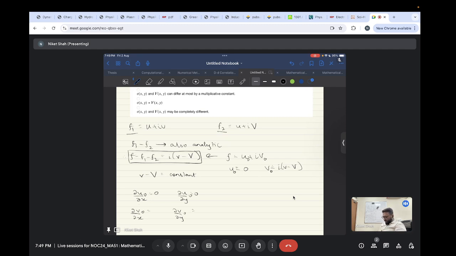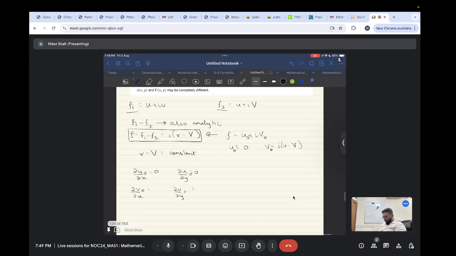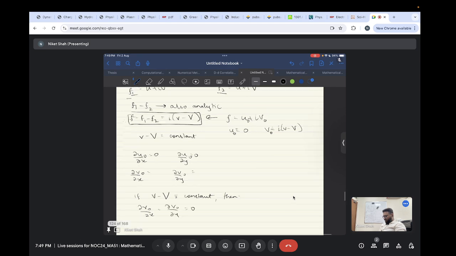In that case, I can assuredly say that these also come out to be 0: del v0 by del x is equal to del v0 by del y is equal to 0.